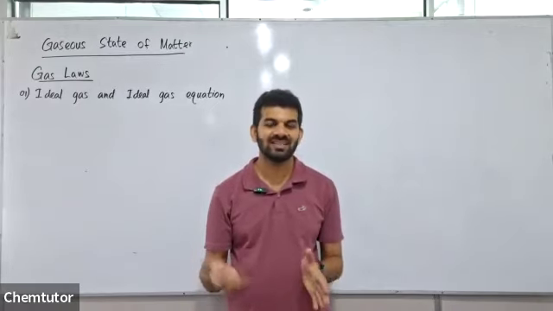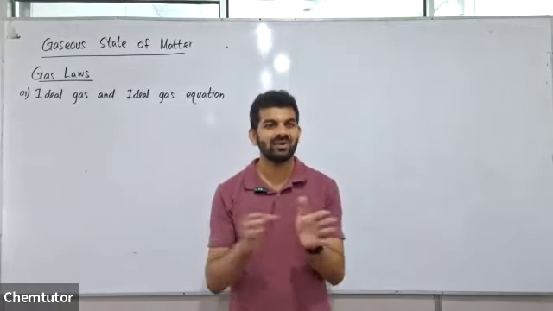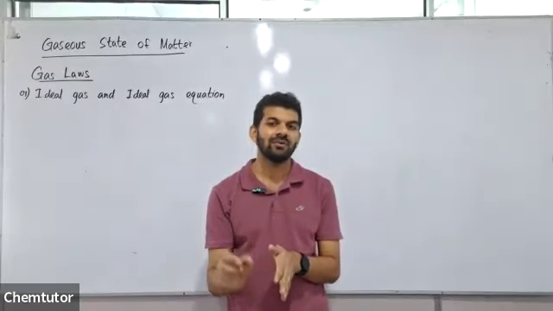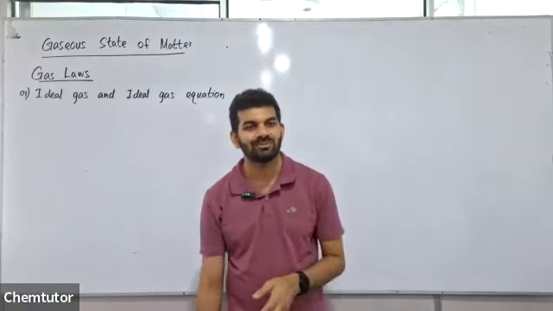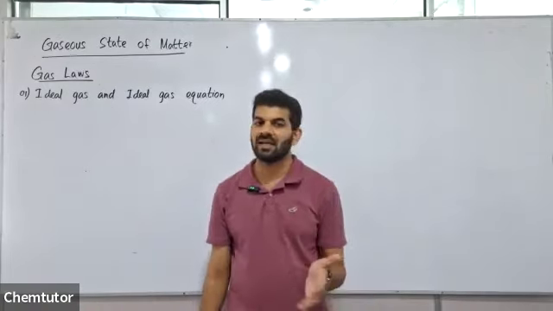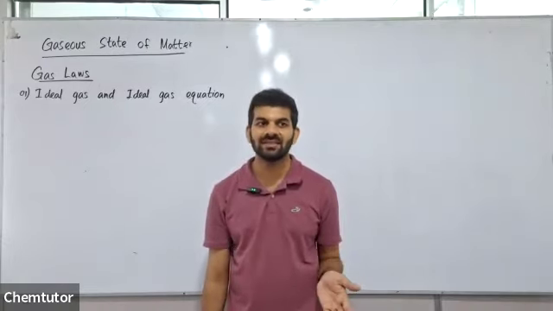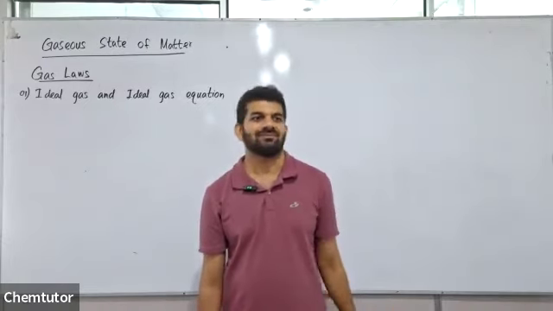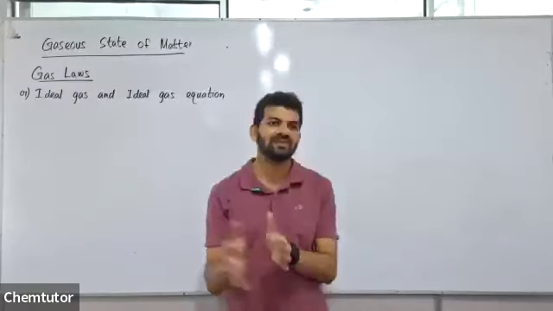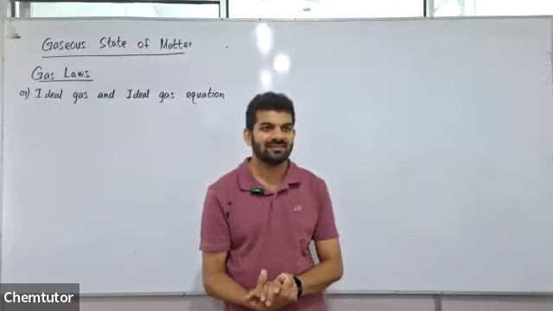We know that in every gas, the particles have intermolecular attractions between each other, and they have a small mass and volume. That's why we call them real gases. The gases that have real existence are called real gases. An ideal gas is a concept, which means there is no real existence for ideal gases.